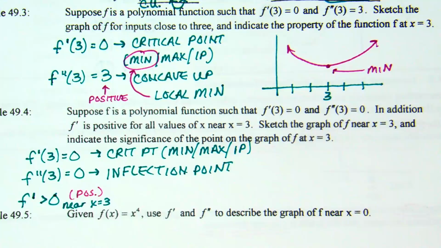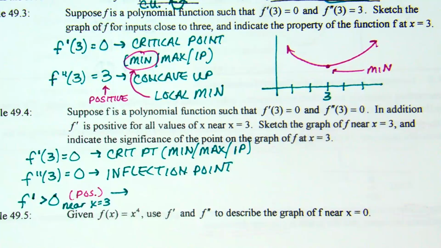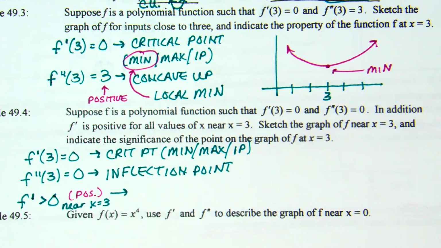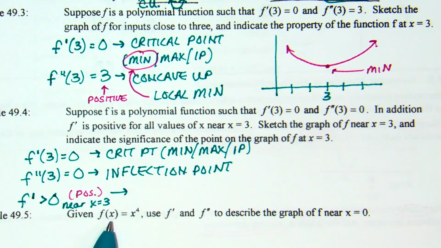What is my graph doing if the first derivative is positive? Doesn't tell me concavity, it tells me increasing or decreasing. So if a first derivative is positive near x equals 3, then that means this graph is going to be increasing.